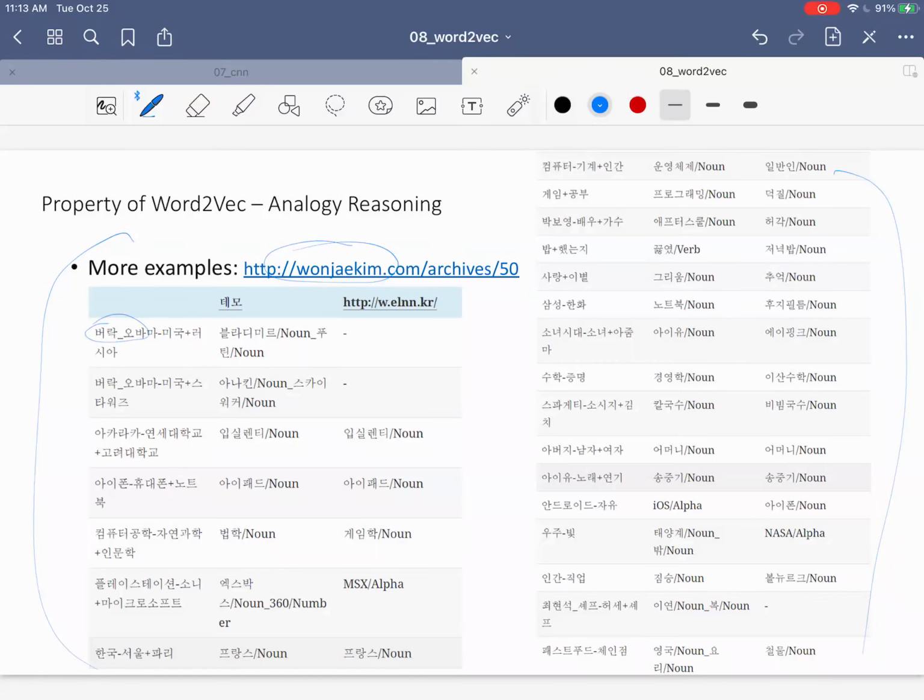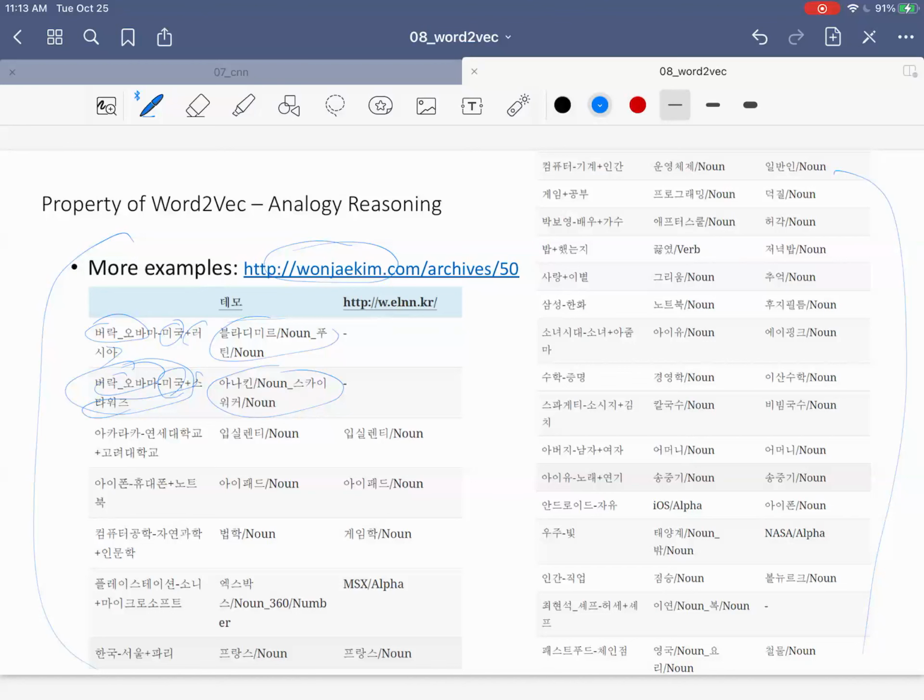Barack Obama minus United States plus Russia gives you a Russian president, which is Vladimir Putin. Barack Obama minus United States plus Star Wars gives you a president of Star Wars, which interestingly is Anakin Skywalker. So you can see what kind of knowledge is embedded in Word2Vec if you do this kind of stuff.